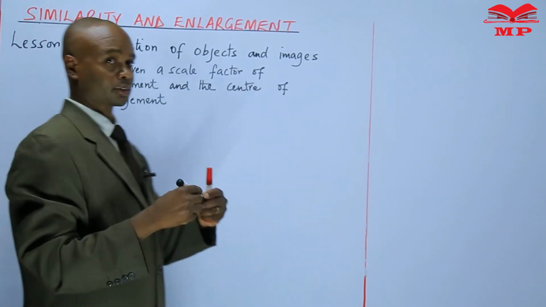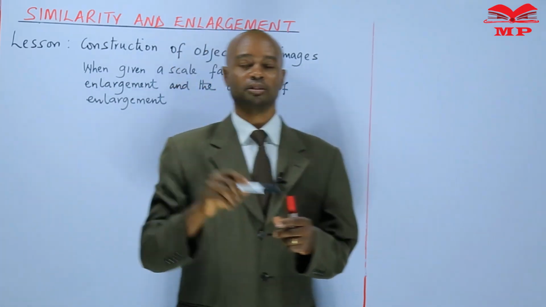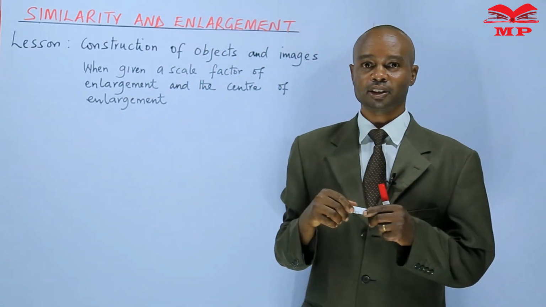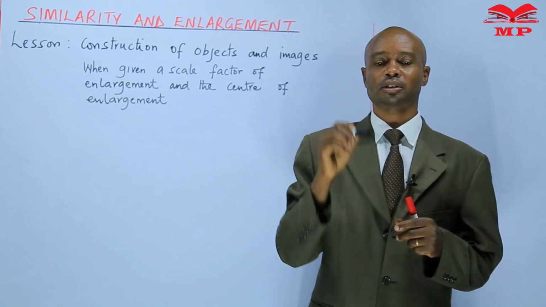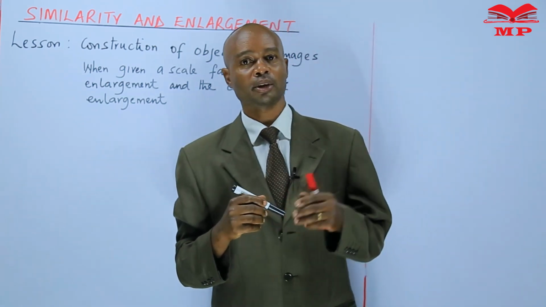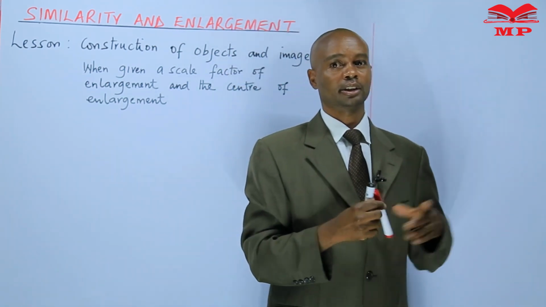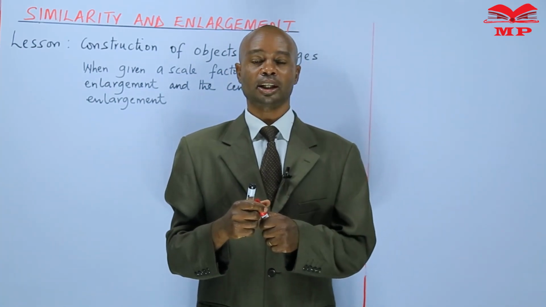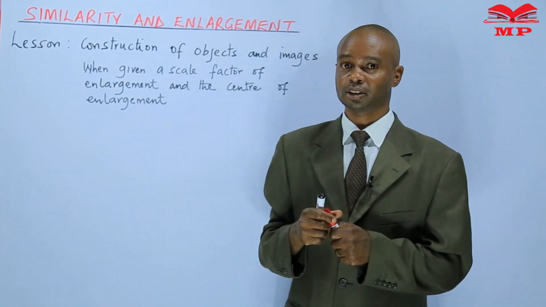In the earlier lesson, we talked about positive enlargement and negative enlargement. We saw that positive enlargement takes place when the object and the image appear on the same side of the center of enlargement.